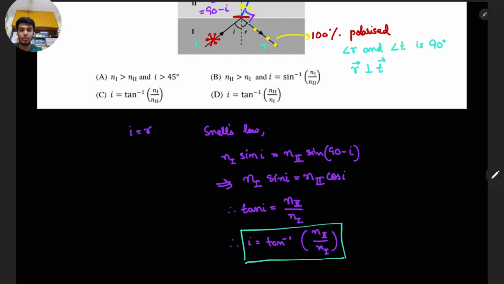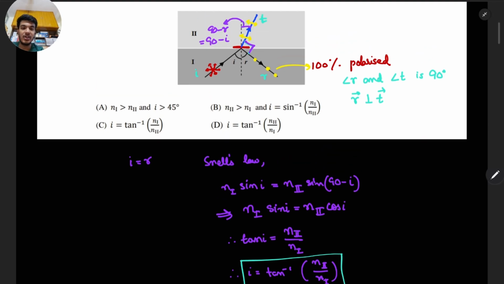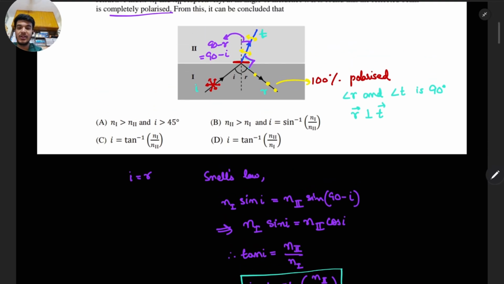Now, since I have told you all the concept about this, anywhere did you see that there was any relevance of the relation between the refractive indices of the two media? Nowhere. So we don't care whether the ray is going from rarer to denser or denser to rarer.